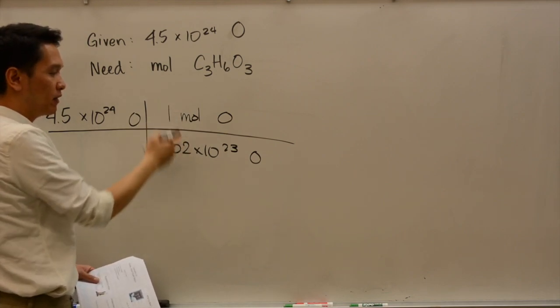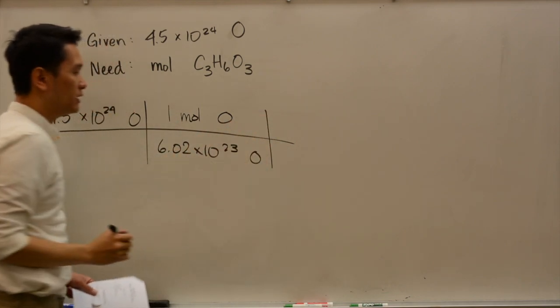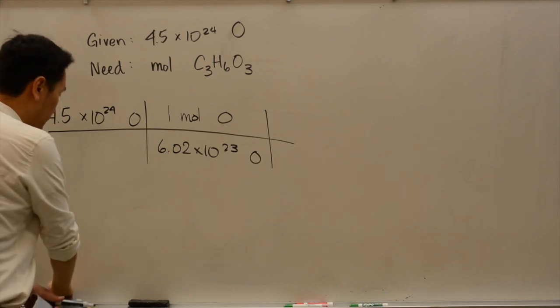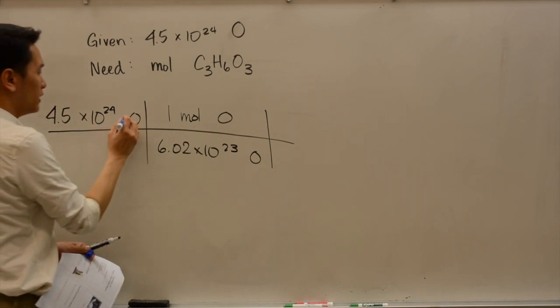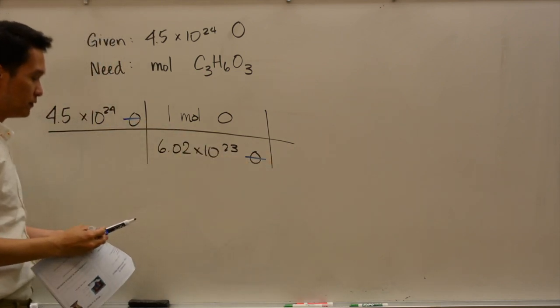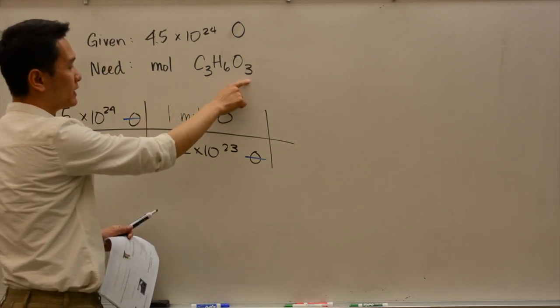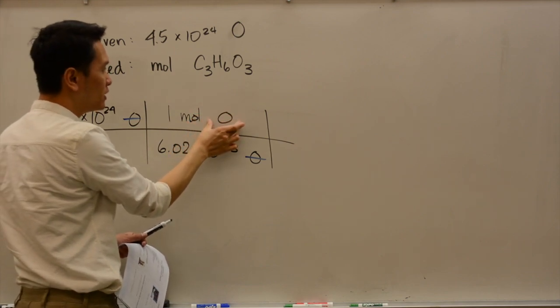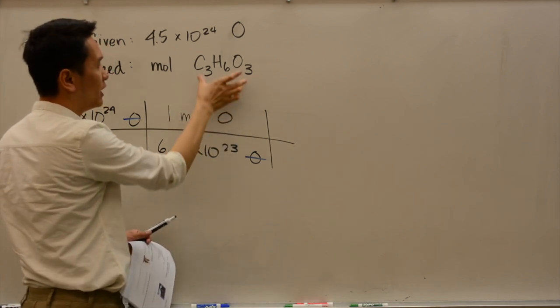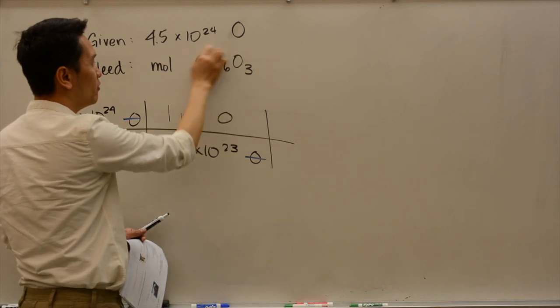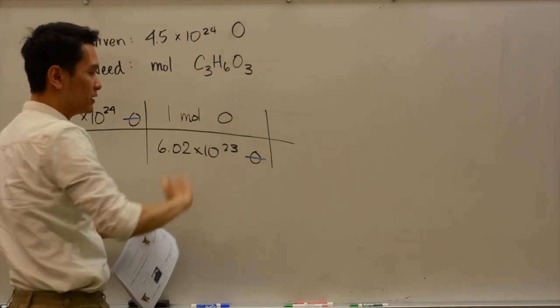Right? That's just the Avogadro's equality there. So from here, we see that oxygens and oxygens will cancel out. But we're asked to find the moles of lactic acid. So if you know moles of oxygen, what's the relationship between oxygen and lactic acid? Right? For every 1 lactic acid, there's 3 oxygens.